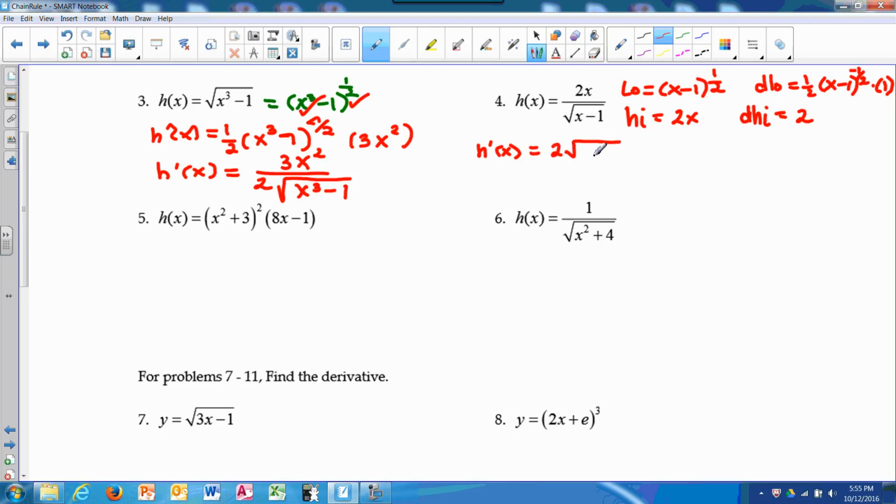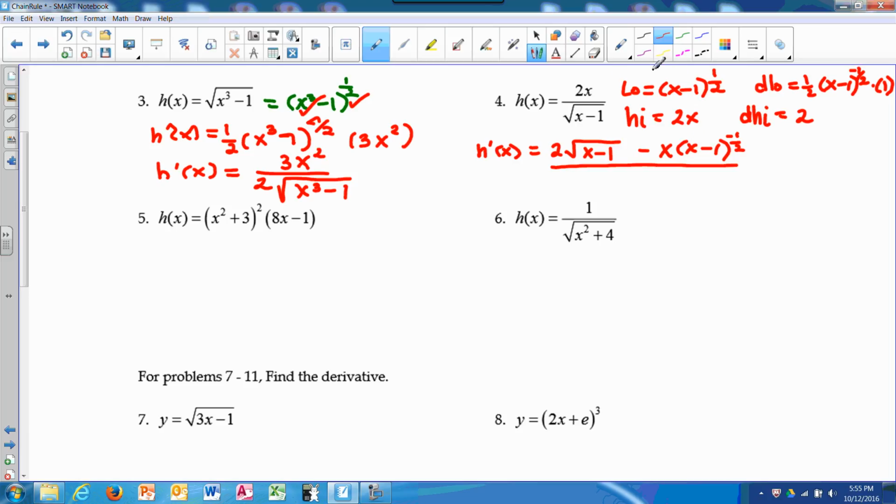So now I'm going to do my nursery rhyme. Low d high minus high times d low. Now the high times d low is 2x times half times this power. 2x times half is just x, but now I have x minus 1 to the negative 1/2 there.